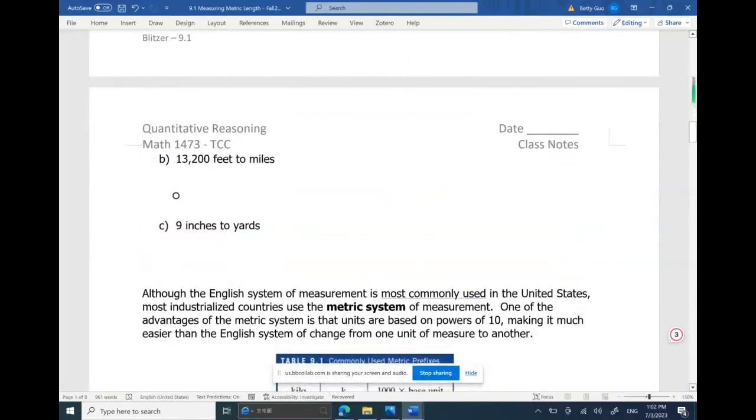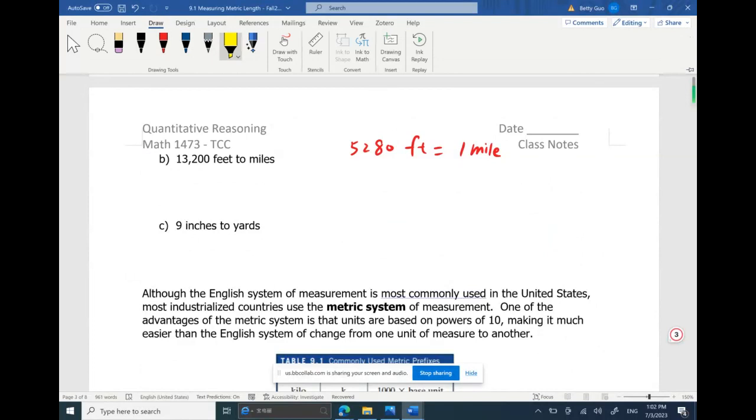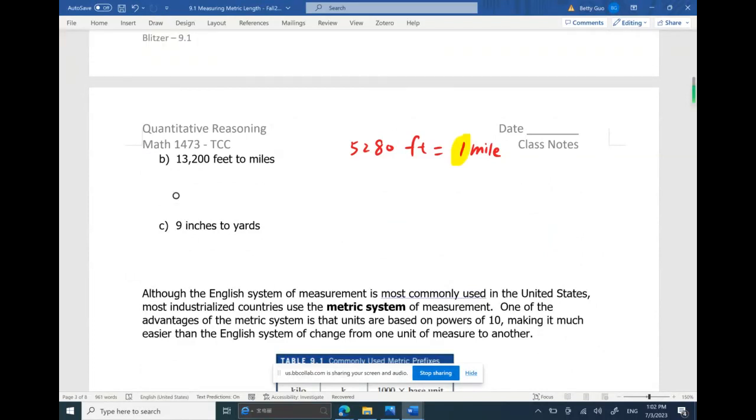5,280 feet in 1 mile. All right, so we can see the conversion factor is 5,280. And you might wonder, what about the 1? Don't you use 1 at all? No. The number that is different from 1, that number is the conversion factor.